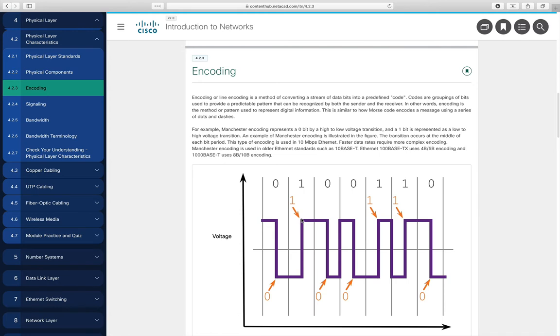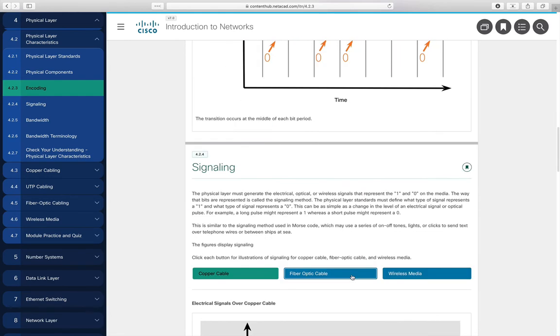Notice here that, again, we need to go from high to low, so this signal has to go all the way back up to a high so that we have a high to low transition during this bit time. That's referred to as Manchester encoding, and like I said, that's one of the simplest encodings and one of the first encodings.